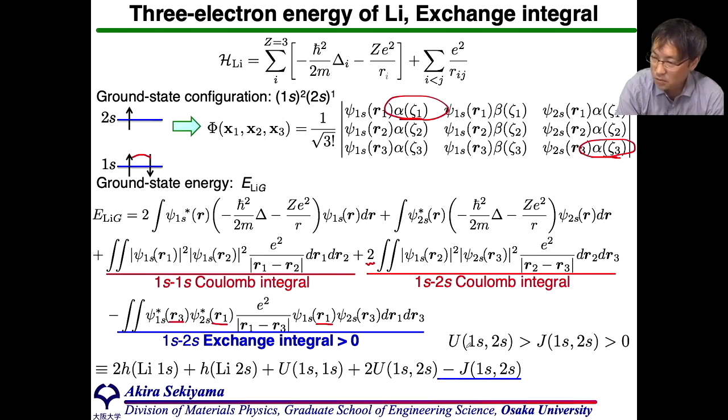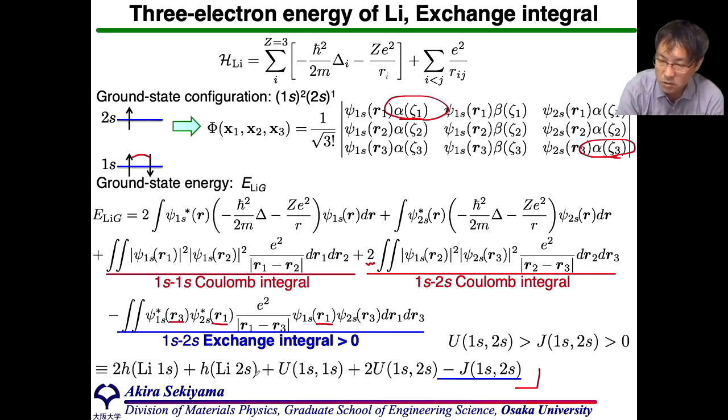It is known that the exchange integral is positive but smaller than the Coulomb integral with the same combination, 1s and 2s orbitals like this one. So then we notice that the 3-electron energy is expressed by using this formula.